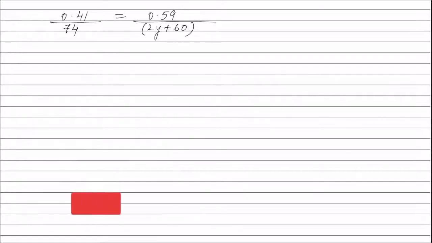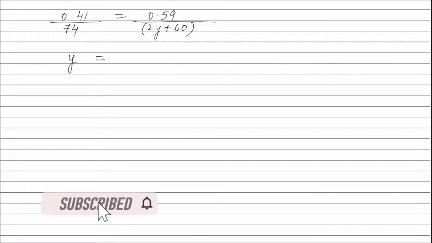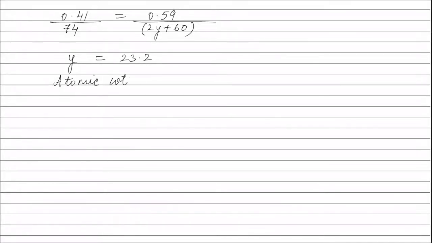Now substituting the value of x and 1 minus x, we can write moles of M2CO3, that is 0.41 divided by 74, is equal to 0.59 divided by 2y plus 60, and solving this equation, the value for y is equal to 23.2.